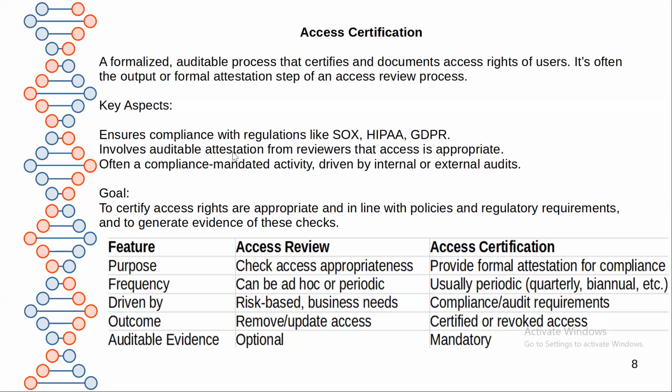It involves the auditable attestation from the company, and it goes to auditors that all the reviewers have done the review, and the accesses available to any of the users are appropriate. It is often a compliance mandate activity driven by internal and external audits. So this is the key aspect of access certification.